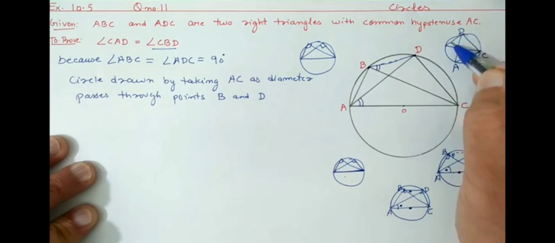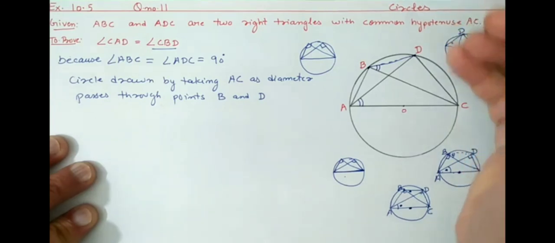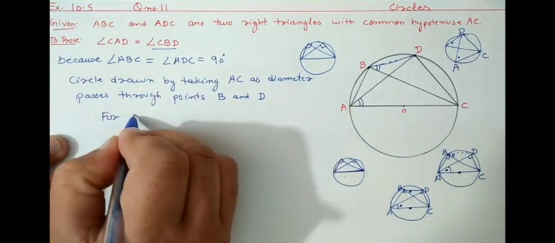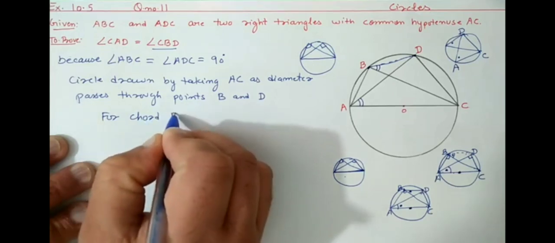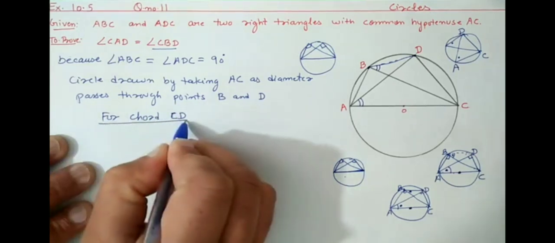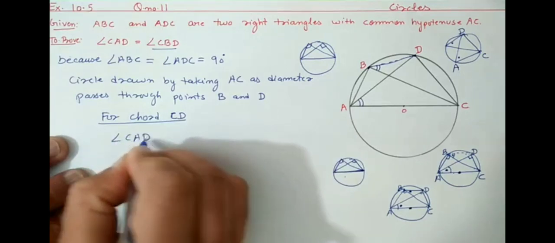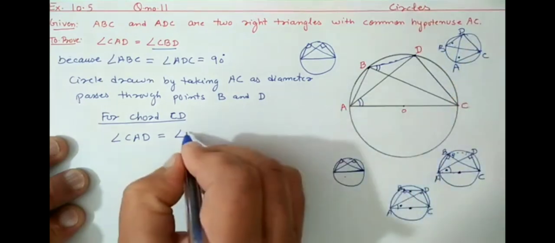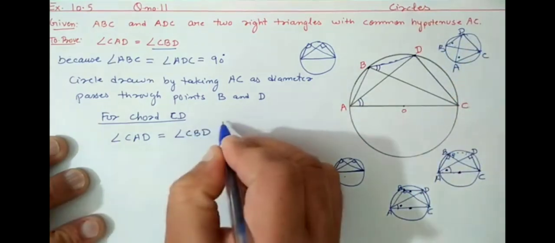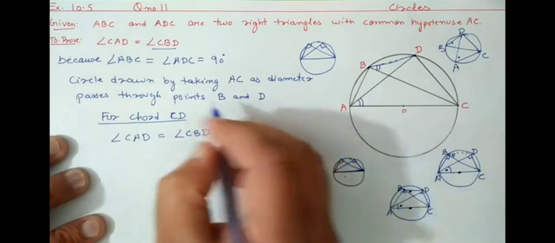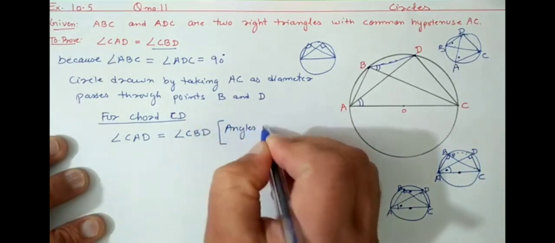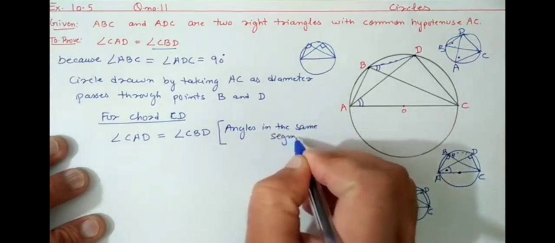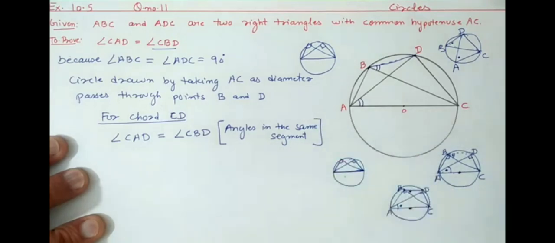So these angles are equal because they are subtended by the same chord CD in the same segment. So write down: for the chord CD, angle CAD is equal to angle CBD. What is the reason? Angles in the same segment. Very simple example is this. Now that's how we can prove these three examples.